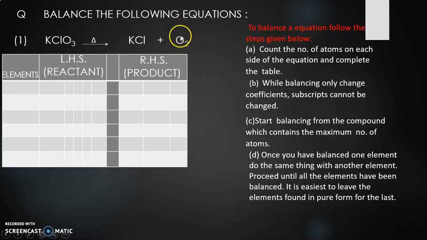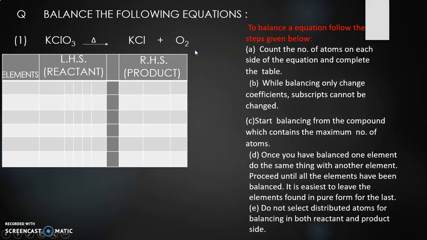That is, elements which are not in compound form but in pure form, we leave for the last. And in case we have a distributed atom, we should not select it for balancing. Thankfully, in this equation, we do not have a distributed atom.